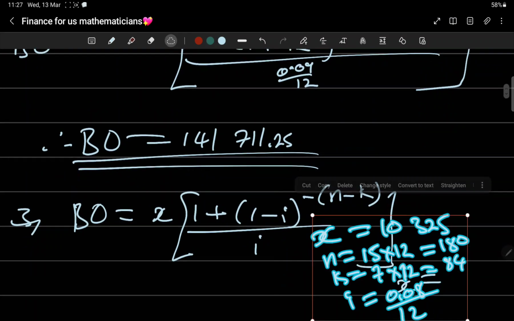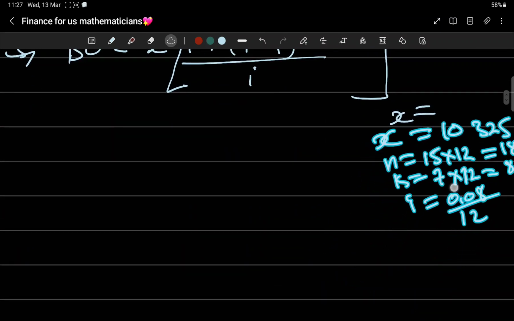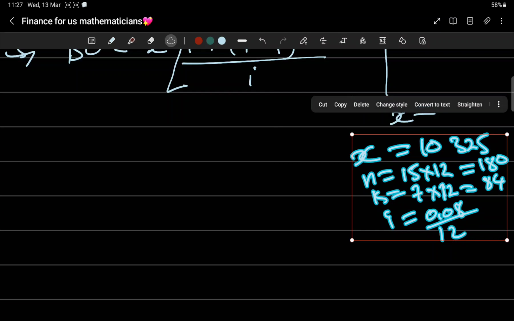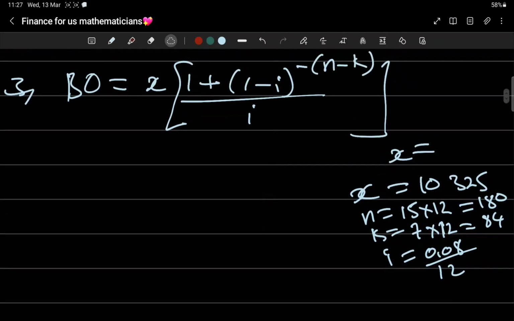We are calculating the outstanding balance.